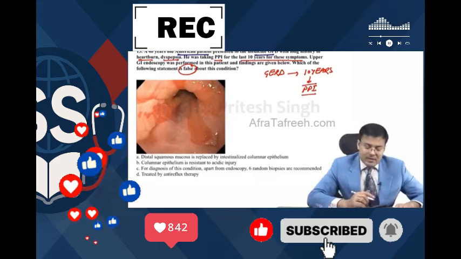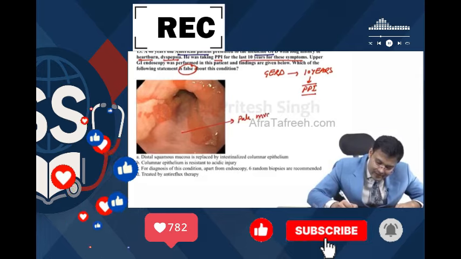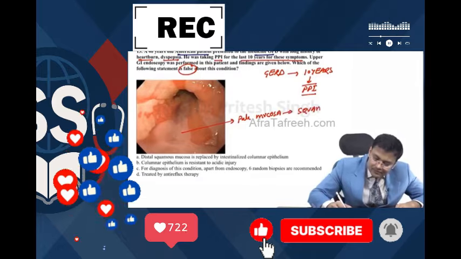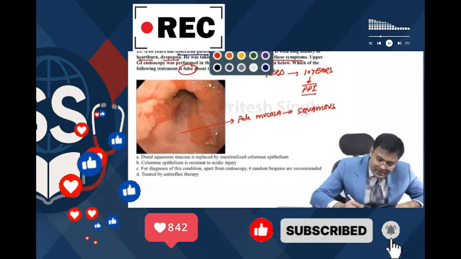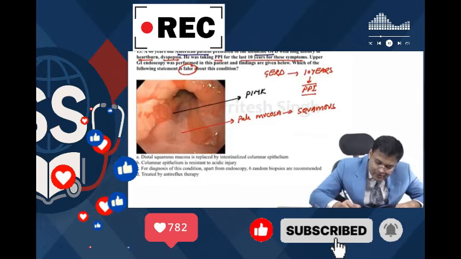When the endoscopy is performed, can you see this pale mucosa? This is actually squamous epithelium. And can you see this pink velvety mucosa?